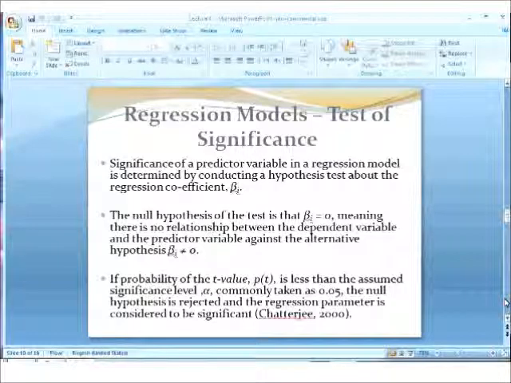And how do we know that? We conduct a t-test. Well, we don't. While you are using SPSS, you don't conduct a t-test, it does that for you. But if we are talking manually, how do we find out that all the independent variables are significant, that they are explaining the variation, and are not there just as dummy variables?